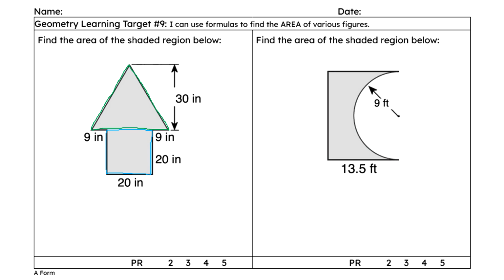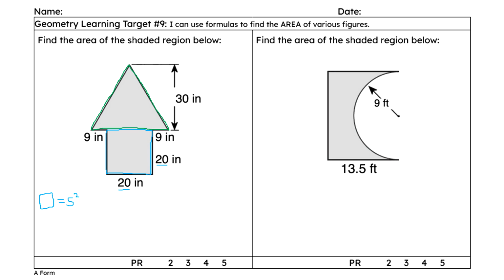So let's start with the square at the bottom. It looks like I've got dimensions of 20 inches for each of those lengths. And the area of a square is length times width, and the length and the width happen to be the same, so that would be the side length times itself.